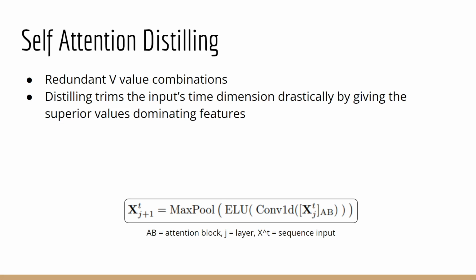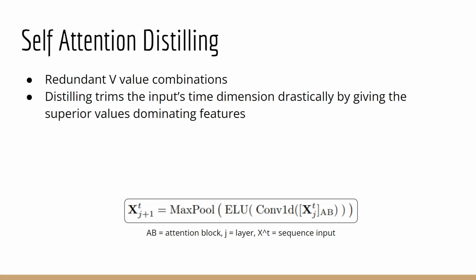Because of ProbSparse self-attention, there are redundant combinations with the value of v. Distilling is used to trim the input's time dimension, and does this by giving superior values dominating features. This makes a focused self-attention feature map.